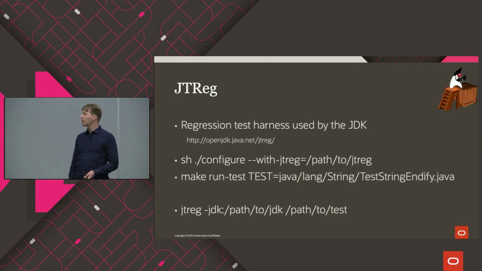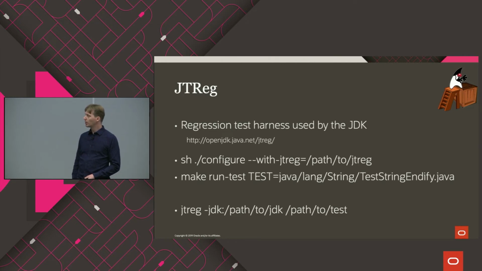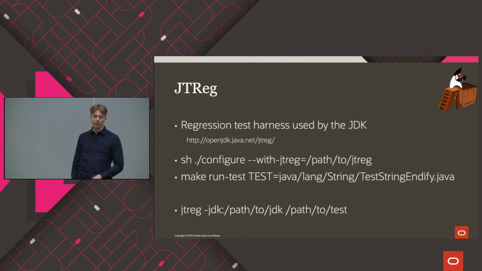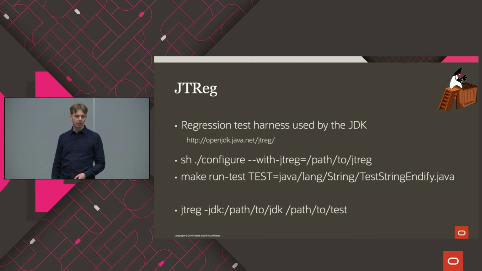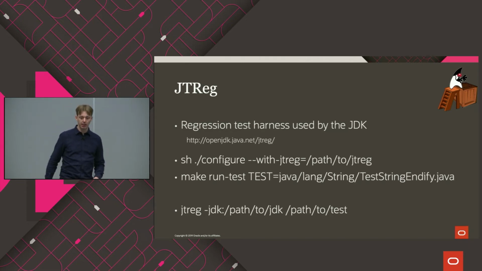So jtreg, let's look a little bit more at the details. As I said, this is the regression test harness used by the JDK. You can download it from the OpenJDK website, where there's a link, which has the documentation as well. The tool itself is provided within the Code Tools project, which is where a lot of the tools that we use to build and run the JDK are contained.